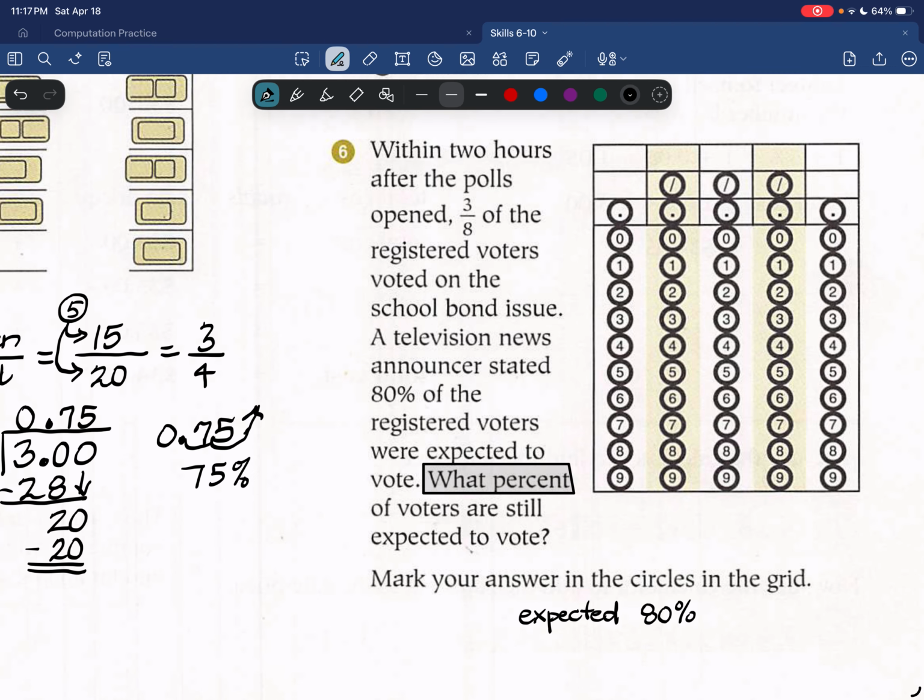That matches what they're asking. So I don't want to change that in any way. We know that 3/8 voted. Here's the issue. I need to get this one into percentage form.